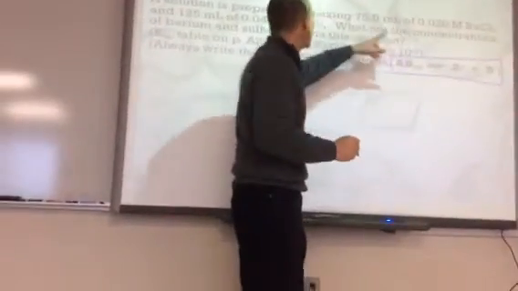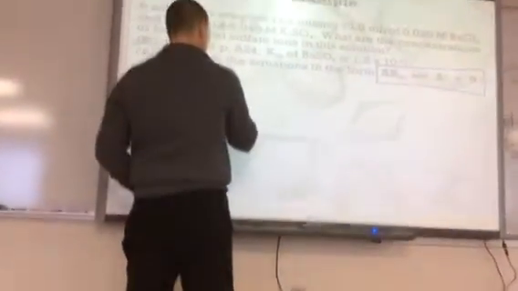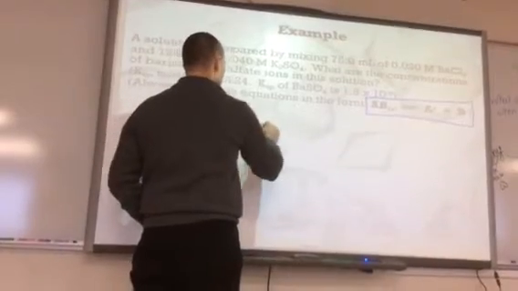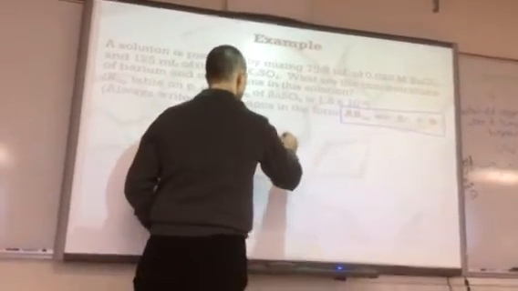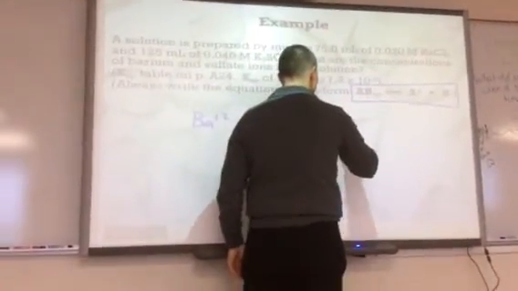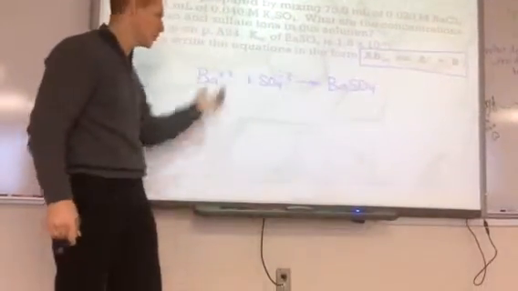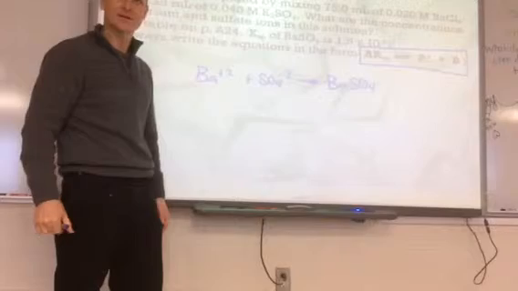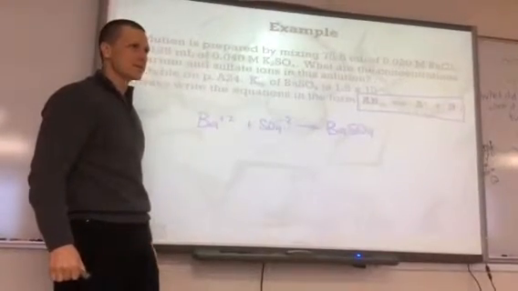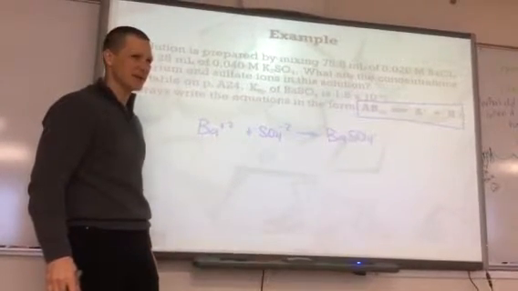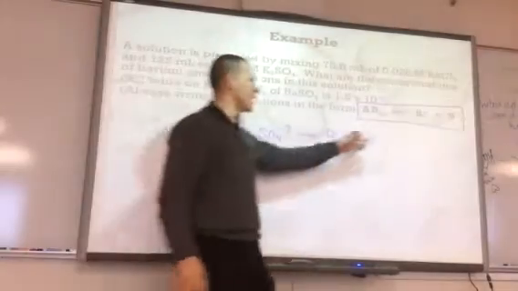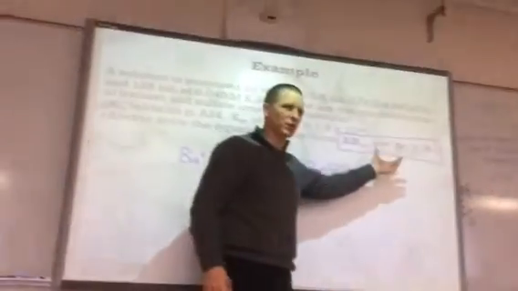You have barium ions and you have sulfate ions, and you're going to be very tempted to say this. This would be the net ionic equation, and this is exactly what reaction is happening. So you want to write the equation like this. But you can't. What I have in the box, that's the form that the equation should look like.